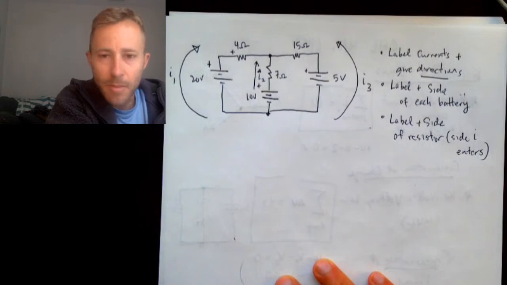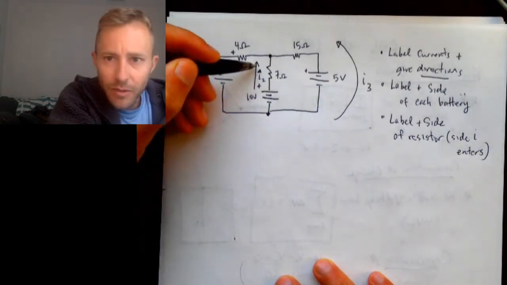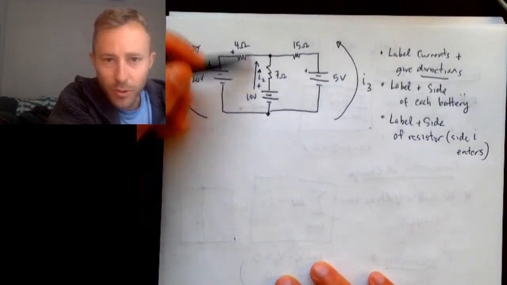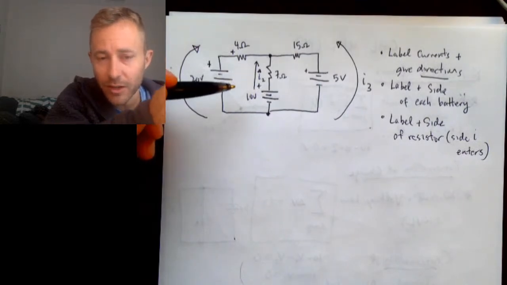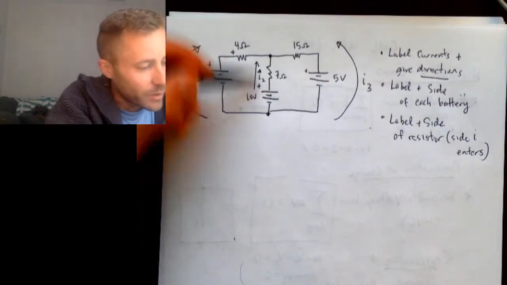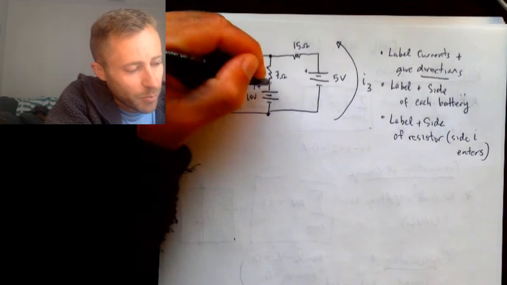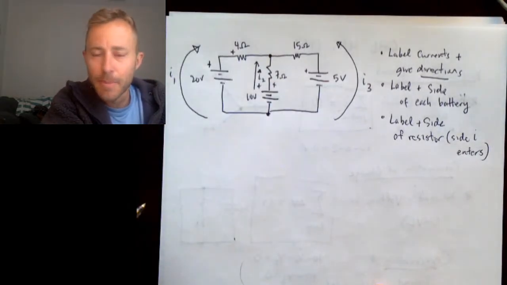All right. For I2, I said that the current was going upward. Again, I might be wrong, but I just used that guess as the basis for labeling the positive side. So it's going up, and so that means it's entering the bottom side of that resistor, so I'm going to call that the positive side.